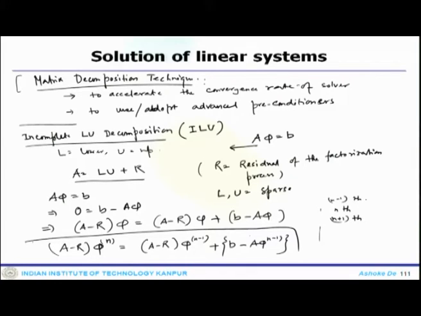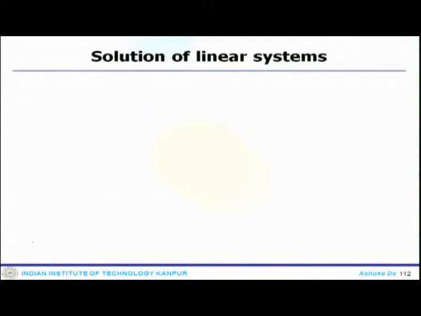Now you can find out at iteration level n using the value of n minus 1, such that phi n equals phi n minus 1 plus some phi prime n, which is nothing but some kind of a correction factor.